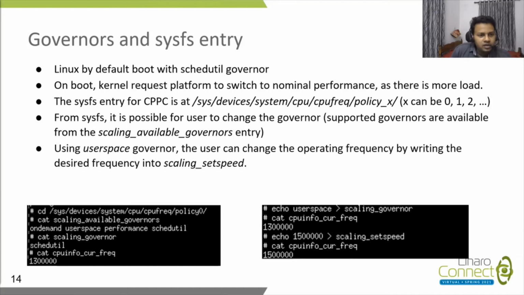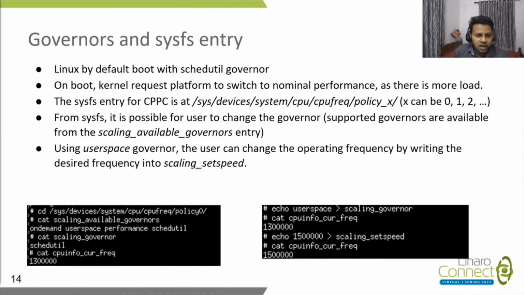Reading the scaling available governors will give the governors supported by the driver, sorry, the governors supported by the kernel. In this case, the governors supported are ondemand, userspace, performance, and schedutil. And reading the scaling governor will display the governor which is currently in use.